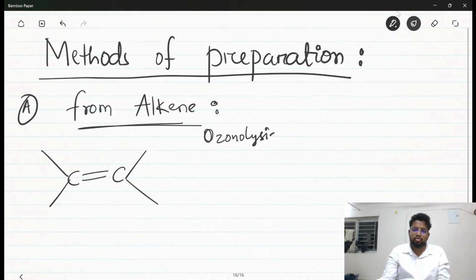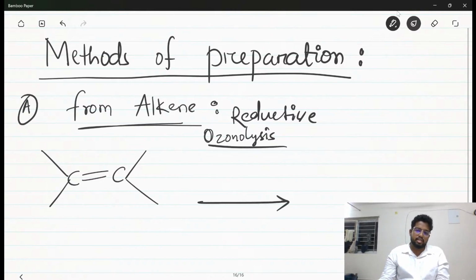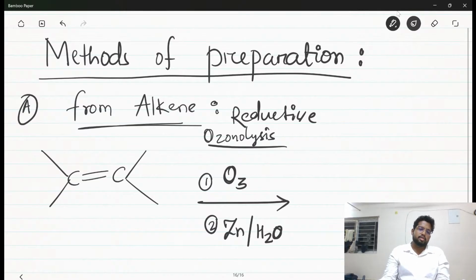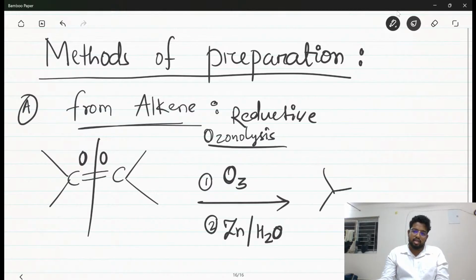Actually there are two types of ozonolysis. One which we are going to do is reductive ozonolysis, which we studied in the alkene chapter. First, O3, ozone. Next, zinc water. Now, do you remember, we have to cut like this, and both sides will get carbonyl.